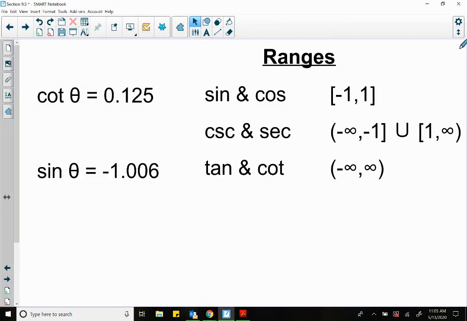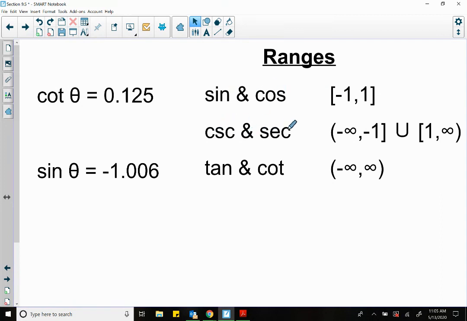So right under here are the ranges for the inverse, okay? As long as when you're looking for sine and cosine, the value they're giving you is between -1 and 1, remember brackets mean that we include the -1, you can find the inverse. It is possible. So if we are outside this interval, we cannot find the inverse for sine and cosine.